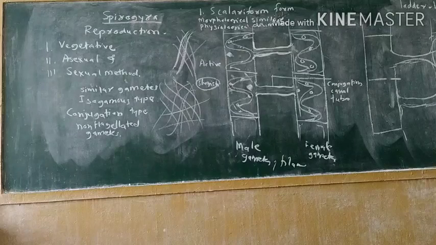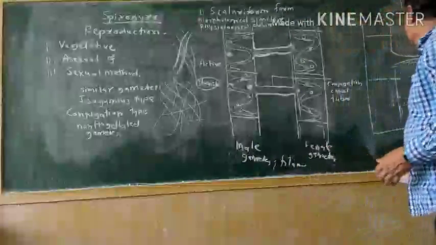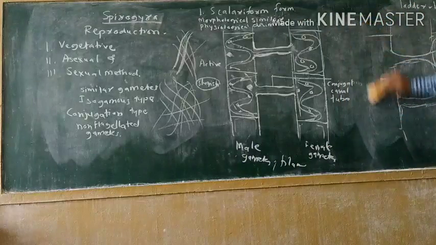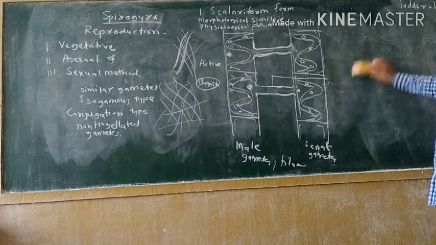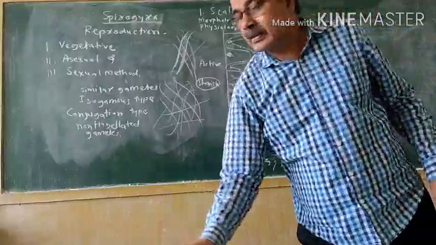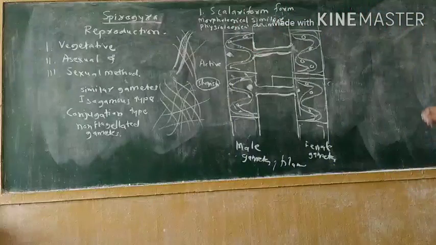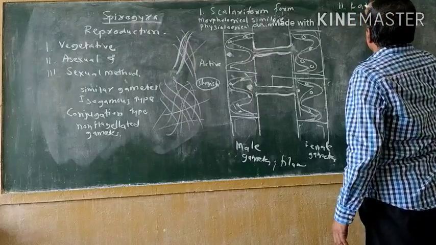This is the scalariform conjugation. So, we are going to see the second method, that is the lateral conjugation.